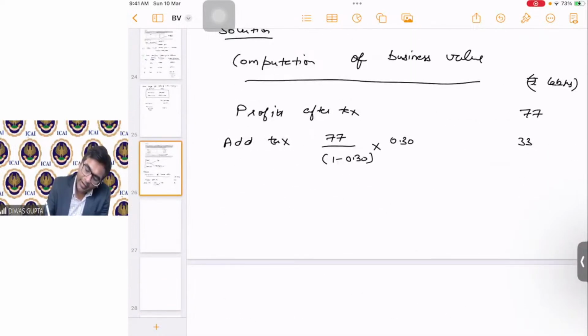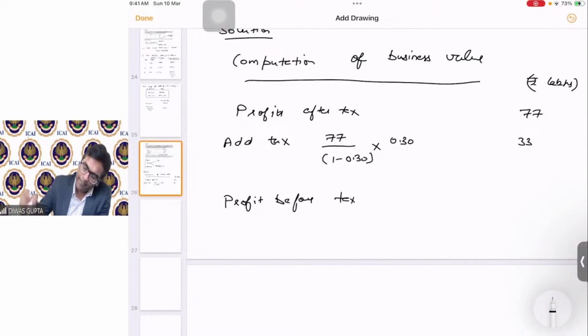By adding tax, we arrive at profit before tax, which is 110 now, right?